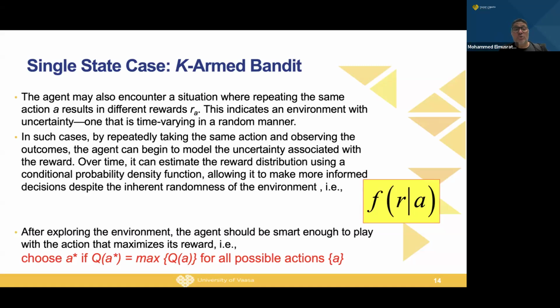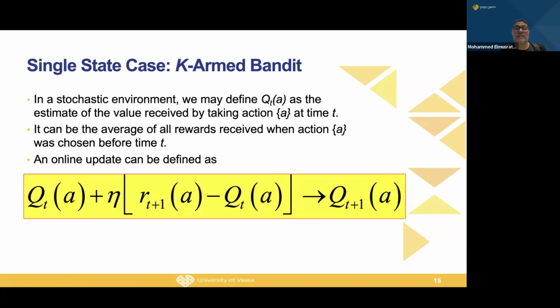Now, because we have a single state, if we define the reward by Q of A star, then you select A star in order to maximize the reward. So it is the maximization of the reward of the game. This is in the case of a single state.